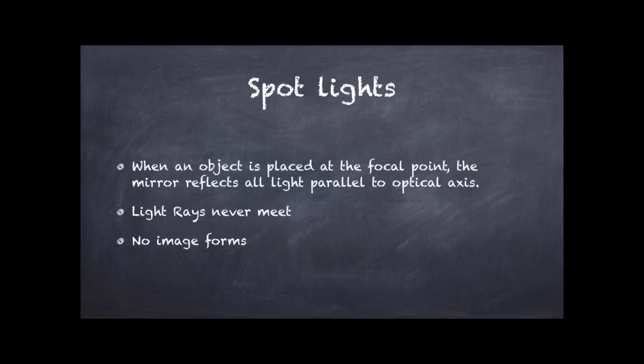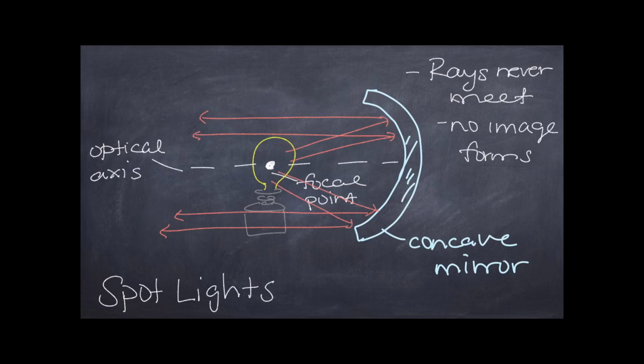So let's talk about spotlights. When I have an object that is placed at the focal point, the mirror reflects all light parallel to the optical axis. So the light rays in the spotlights are never going to meet, and then no image is actually forming. But this is happening when I have an object placed right at the focal point, and all the light that's reflected is going to be parallel to the optical axis.